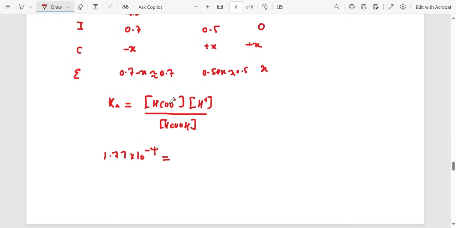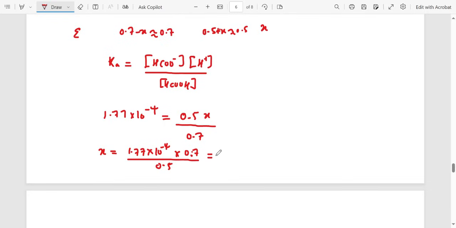Concentration of the base, you can see, is 0.5. Concentration of hydrogen is X. In the denominator, concentration of the acid is 0.7. To remain with X, X is going to be 1.77 times 10 to the power negative 4, multiplied by 0.7, and then we'll divide by 0.5.